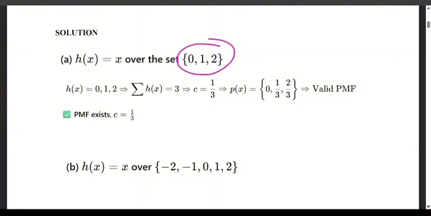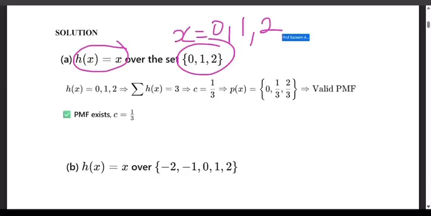Remember in class, an identity function is a situation where the output is the same as the input. That's a perfect preservation. So if x equals 0, 1, 2, then my H of S is also the same, because we said it's an identity.